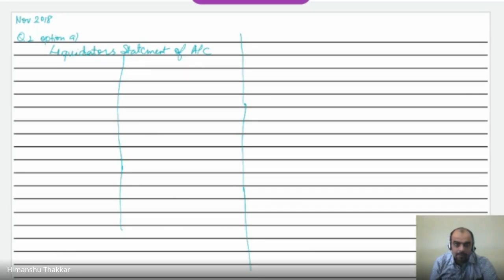Then comes debtors. Amount of debtor is 58,500. Is it visible properly on Jamboard, all of you? Please let me know in case of any trouble.